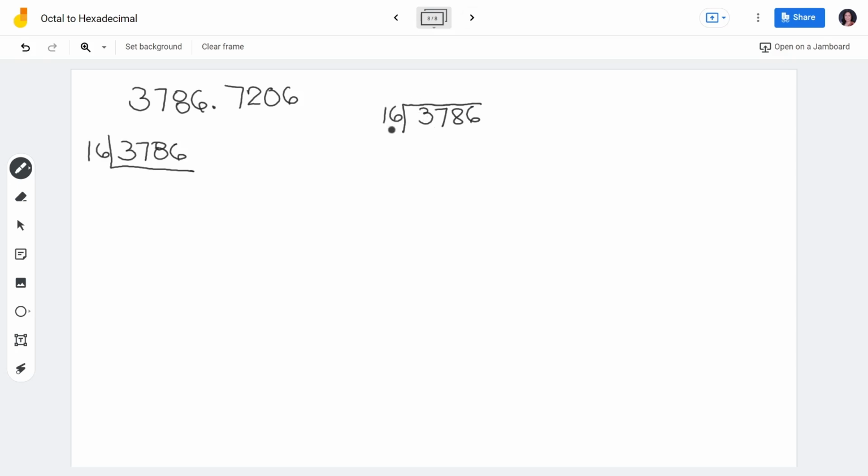So 37 divided by 16 is 2. We have 32. 37 minus 32 is 5.